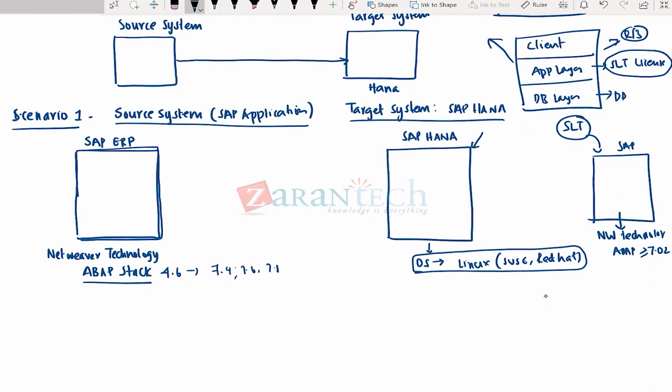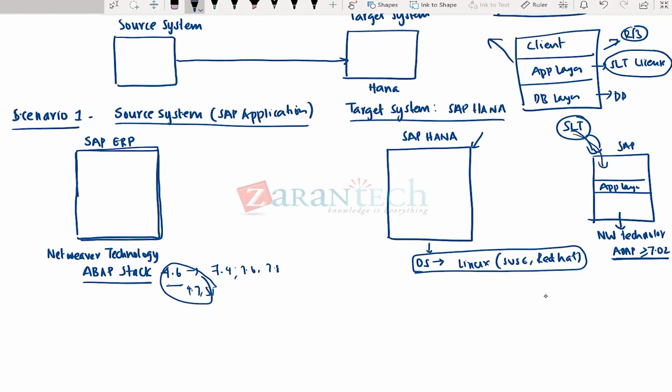For the SLT application layer to be installed in this box, your NetWeaver ABAP stack should at least be 7.02 or a greater version. But if it was something before 7.2, let's say 4.6 or 4.9 or 5.1, in that particular system SLT cannot be installed. It has to be supported by a NetWeaver ABAP stack of at least 7.02 or greater. Now, why am I bringing this information?